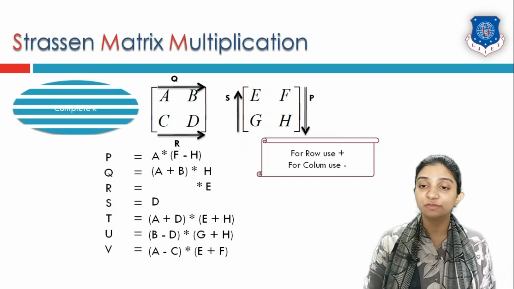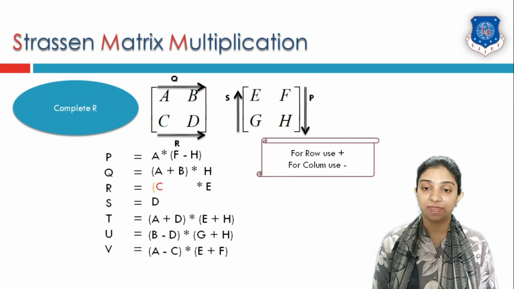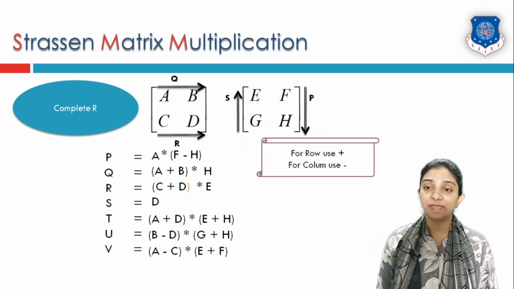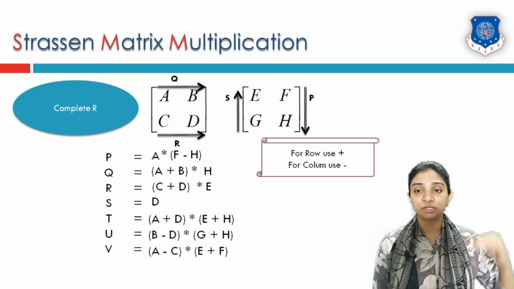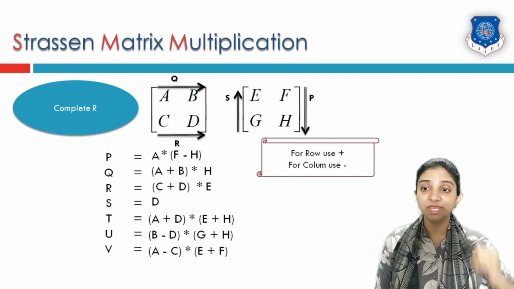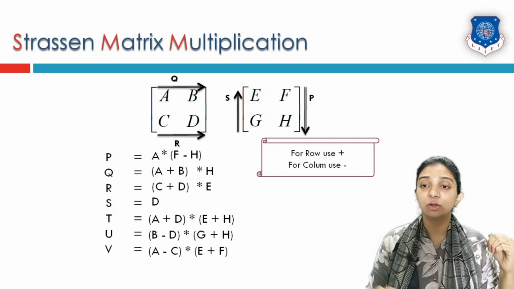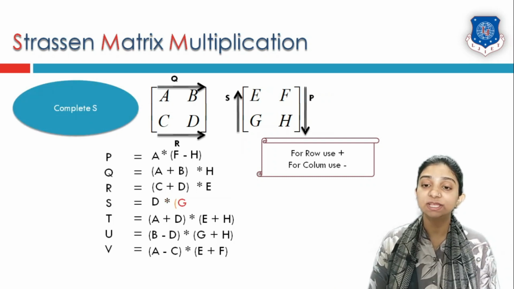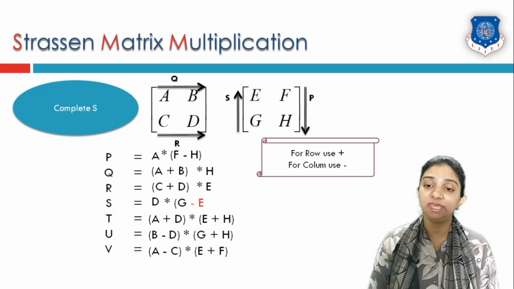So I'll make use of plus sign, C plus D. And for S, it is from bottom to top, that is from G to E. So I will write down G minus E. That will be G minus E.